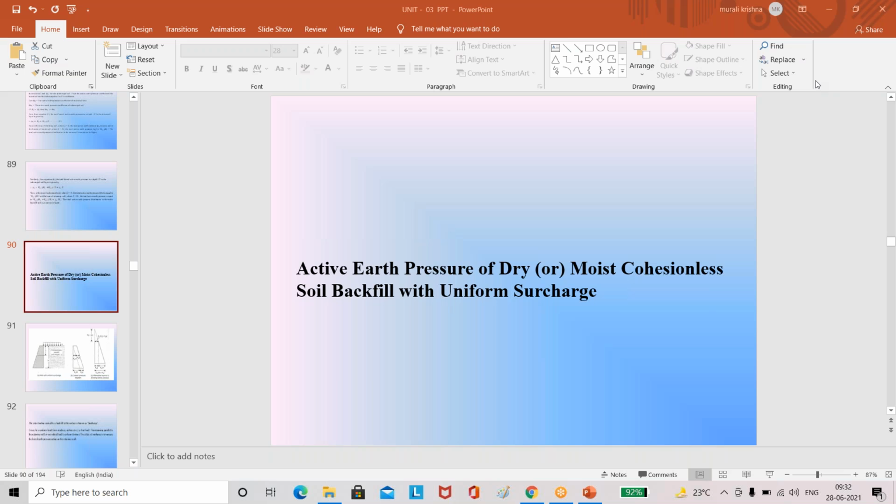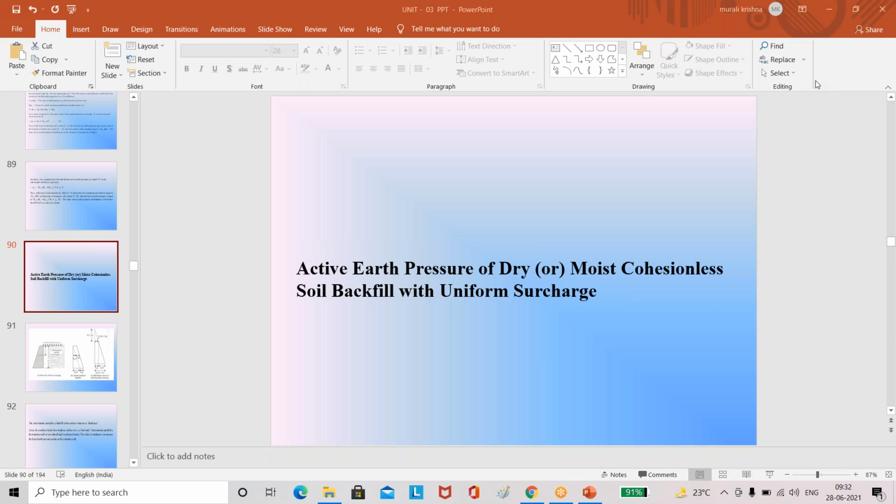We started the derivation for the active earth pressure, and I explained that according to Rankine's theory, the active earth pressure acting on the retaining wall, PA, is equal to KA into sigma V, where sigma V is the vertical stress, PA is the active earth pressure, and KA is the coefficient of the Rankine's active earth pressure.